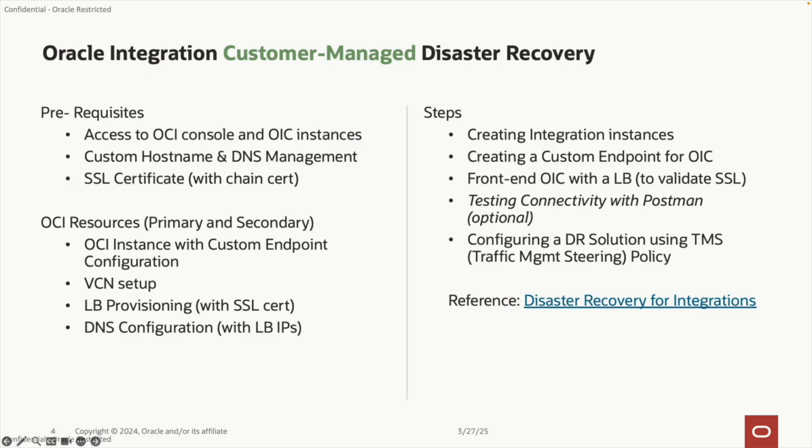Otherwise, that can be tested by checking if the OIC console is accessible through the browser or not. Configuring a disaster recovery solution using traffic management steering policy is the last step. There is a reference document linked here to dive deeper into this topic in case you are interested.